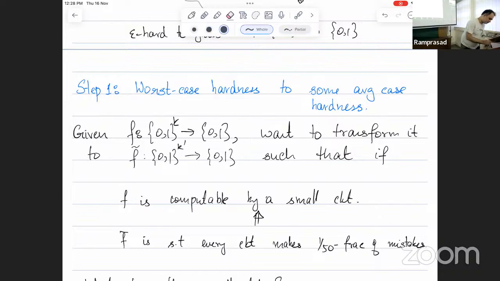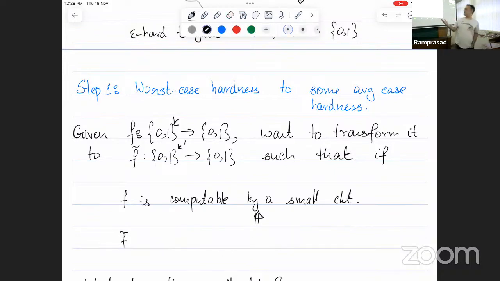What is the negation of the second statement? Previously we were saying that every circuit must make a mistake on at least a 1/50 fraction of places. Now it's like saying that f tilde is approximable by a small circuit.